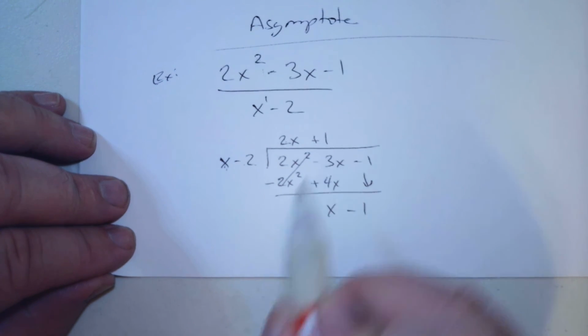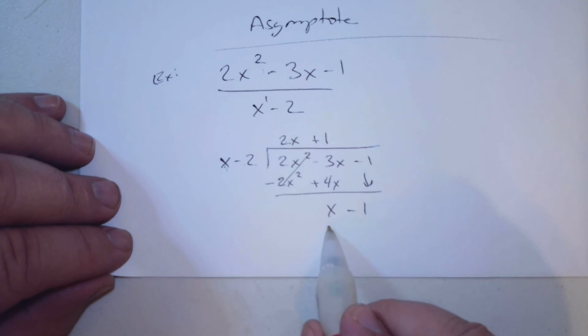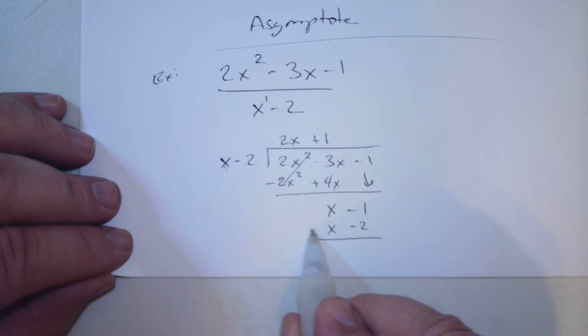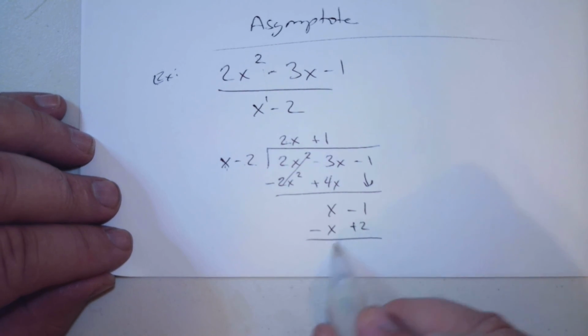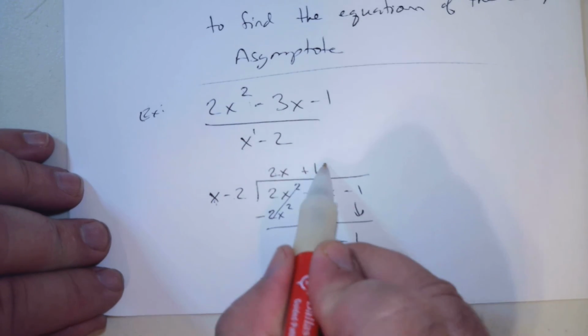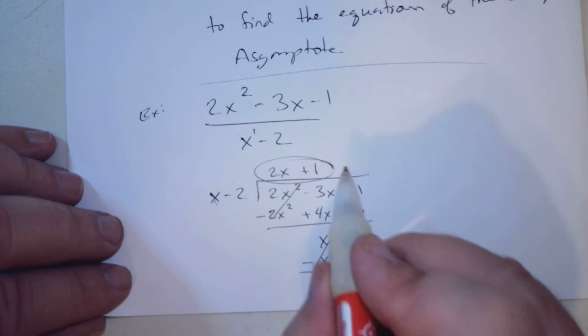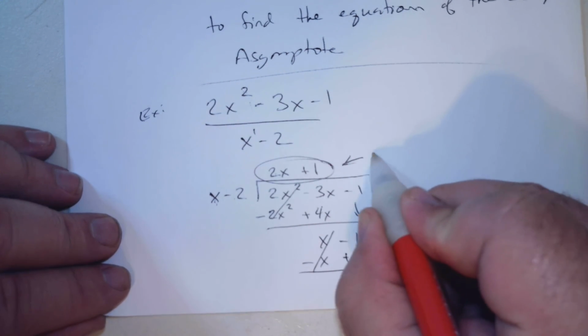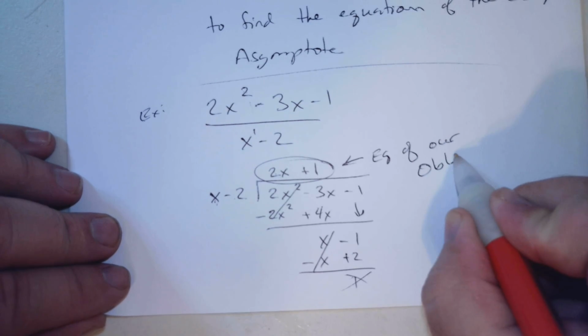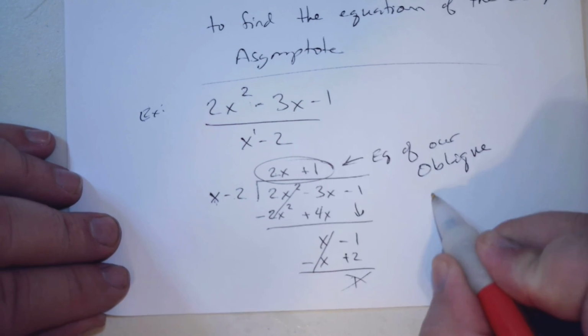They're both positive, so it's positive 1. 1 times x is x. Negative 2. Change the signs. It doesn't matter what the remainder is, because once we have a linear equation, that is the equation of our oblique asymptote.